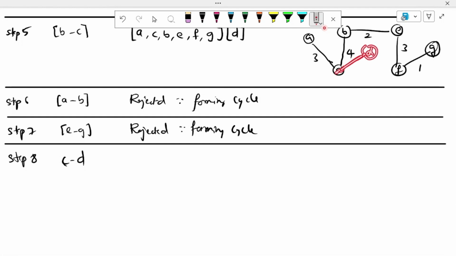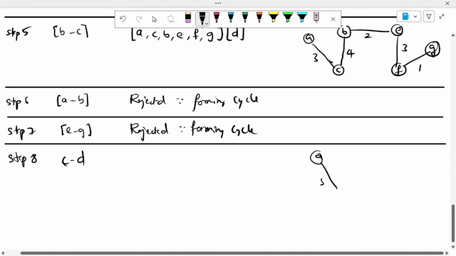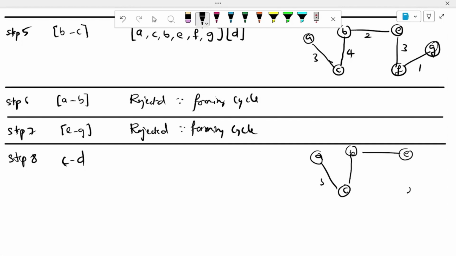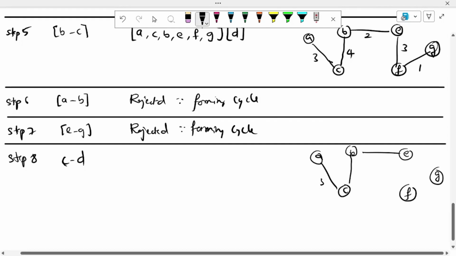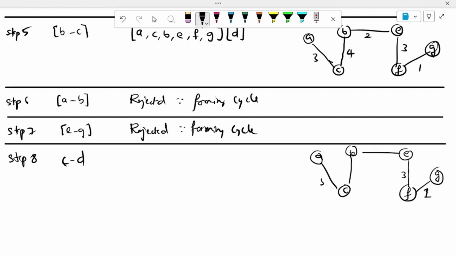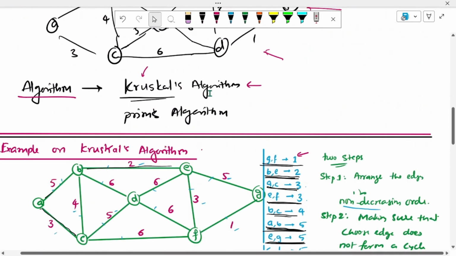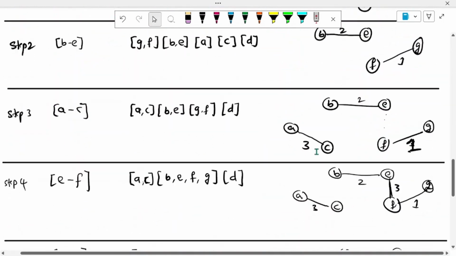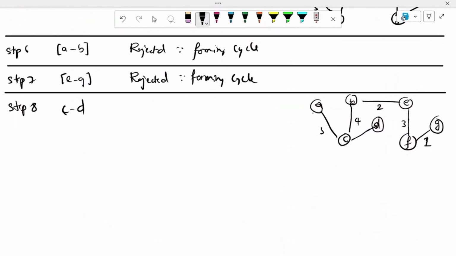You can observe here it is not going to form any cycle, so I can add it. A, 3, C, B, E, F, G. It is 3, it is 1, this is 3, this is 2, this is 4, and I have got D here, and this is going to be how much? Yes, it is 5. So it is 5.